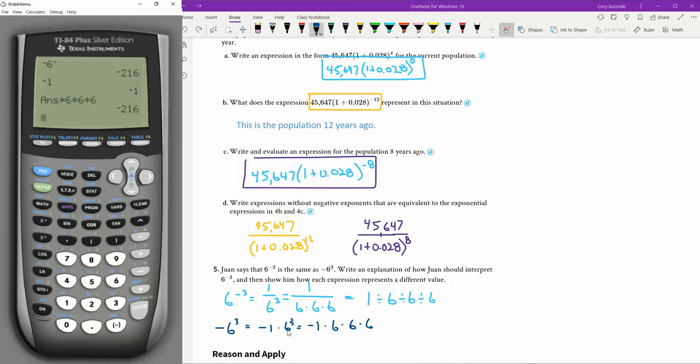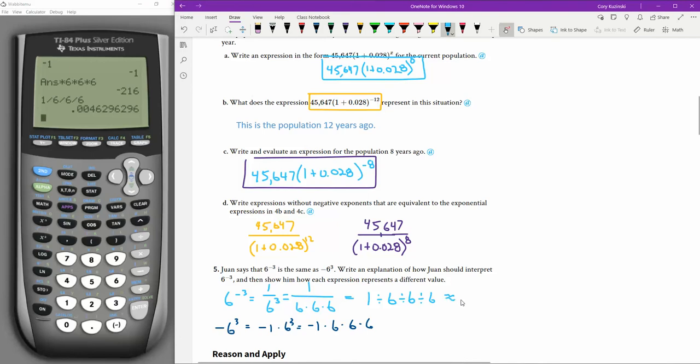All right, so very, very different between, what was this one? 1 divided by 6 divided by 6 divided by 6. That's about 0.005. And this one down here is negative 216. Okay, one's negative, one's positive, one's a whole number, one's a fraction, very tiny. That's kind of how I'd express that to Juan, I guess. All right, that's all I got for you. I'm out.